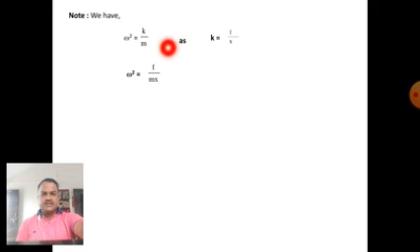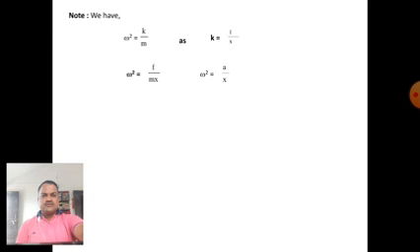Note that we have omega square is equal to k upon m. As k is equal to f upon x, omega square is equal to f upon mx. Put the value of k is equal to f upon x in this equation. Then the equation becomes omega square is equal to f upon mx.